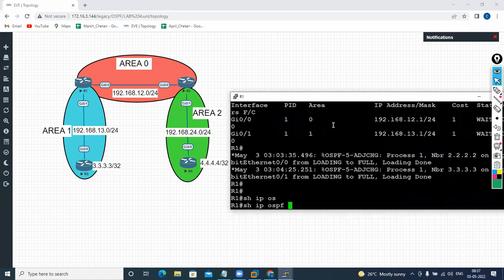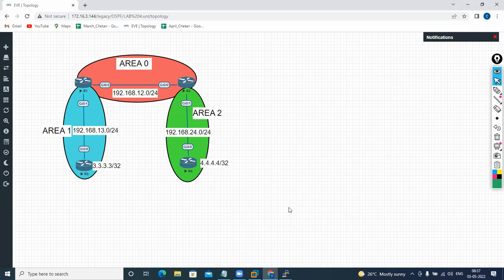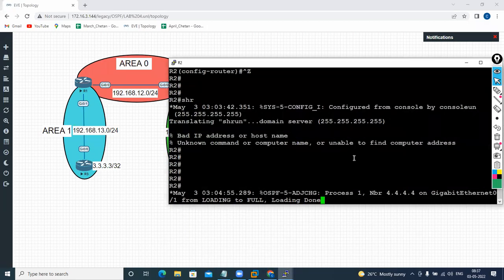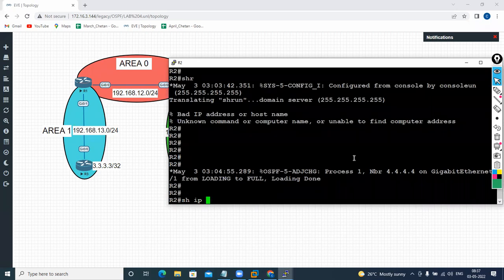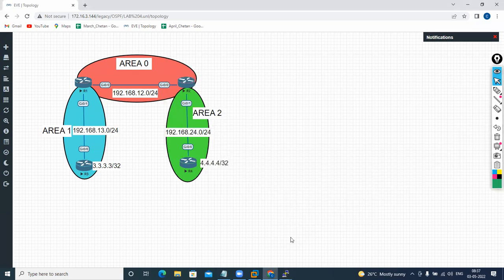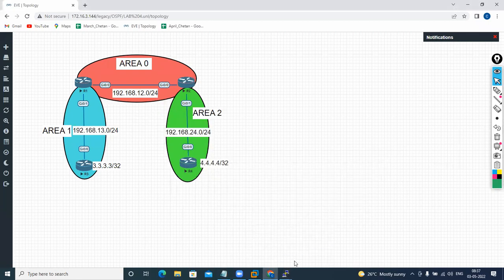Show IP OSPF neighbor: 2.2.2.2 and 3.3.3.3. On R2, we'll be having 2 neighborships, one with 1.1.1.1 and one with 4.4.4.4. Clear?